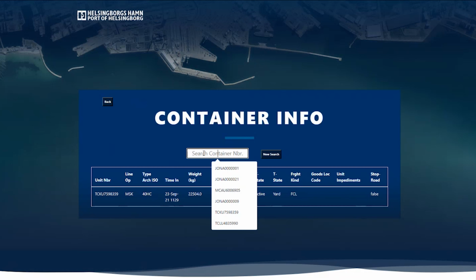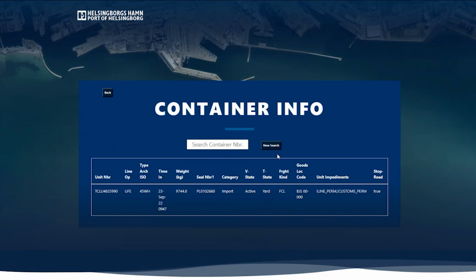So let's move on to the import instead, and we'll do it from here since that's possible. We enter the container number we're after, and then we press new search. And it will bring up this import container instead. So it's the same basic information.